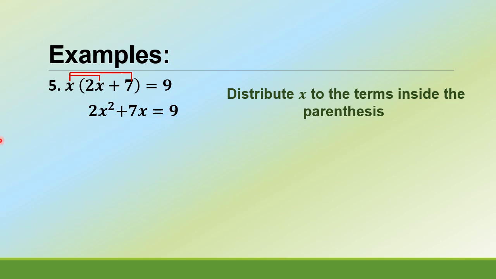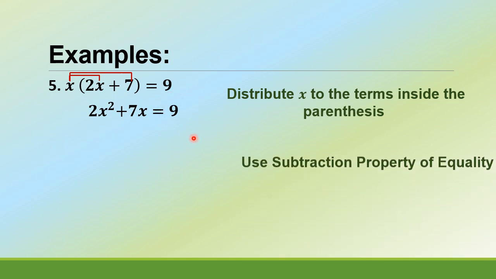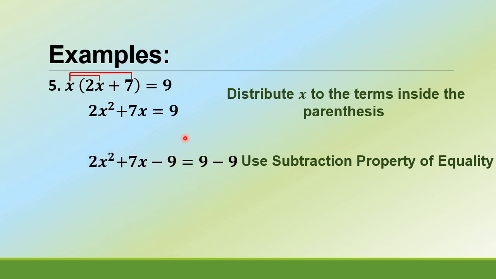Now, it is considered as a quadratic equation, but it is not yet written in standard form. So, dapat yung nasa right side, si 9, maging 0 siya. So, para maging 0 siya, by using the subtraction property of equality, we need to subtract both sides by 9.